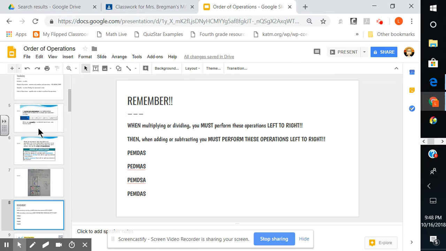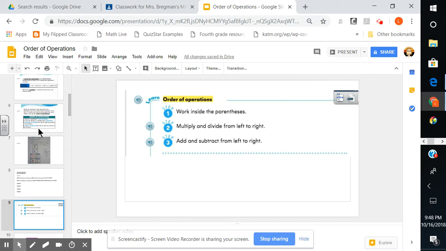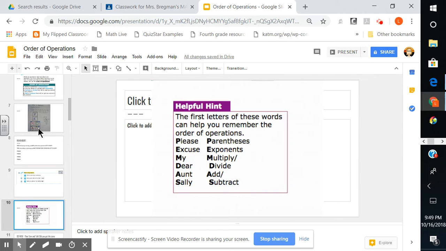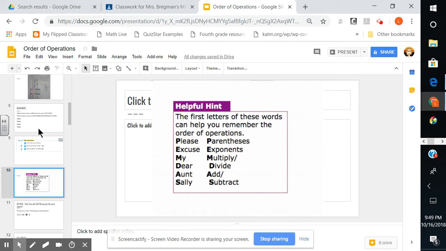Then it could also be PEMDASA because you could do subtract and add at the end, or add and subtract. Those are just some silly ways to remember. So again, work inside the parentheses first if you see parentheses, then multiply and divide left to right, then add and subtract left to right. You don't have to write that again because we went over it in the other slide. Sometimes people say, please excuse my dear Aunt Sally, to remember the order.